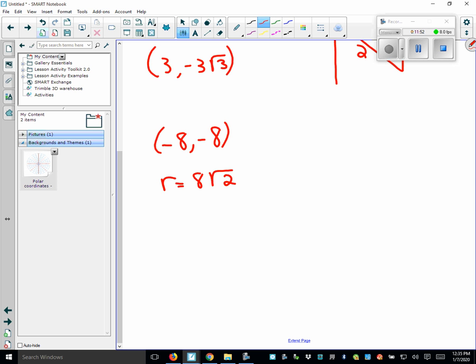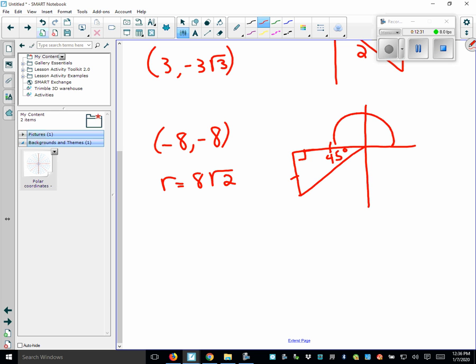I need to find theta. What quadrant is that point in? Quadrant 3, isn't it? And so my angle looks like this. If both sides are the same length, what is my angle? 45 is my reference.